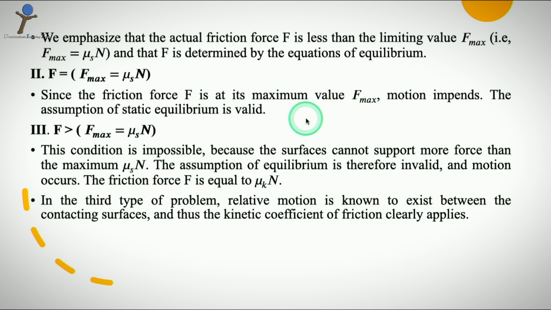The assumption of static equilibrium is valid. The third is F greater than F max. This condition is impossible because the surfaces cannot support more force than the maximum mu s N. The assumption of equilibrium is therefore invalid and motion occurs. The friction force F is equal to mu k into N.